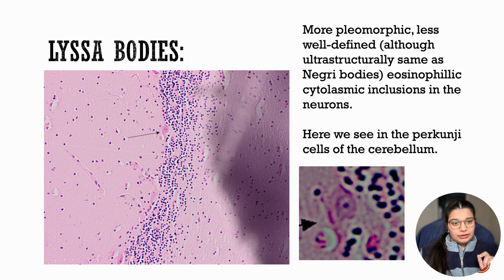Here we see the Purkinje cells, and zooming in on this Purkinje cell, we see pink eosinophilic inclusions that are more pleomorphic and more variable in shape. They are less well defined compared to the Negri bodies we saw before. They are again eosinophilic, pink-colored inclusions within the cytoplasm of the neurons, here in the Purkinje cells of the cerebellum. So these are the second finding, Lyssa bodies.